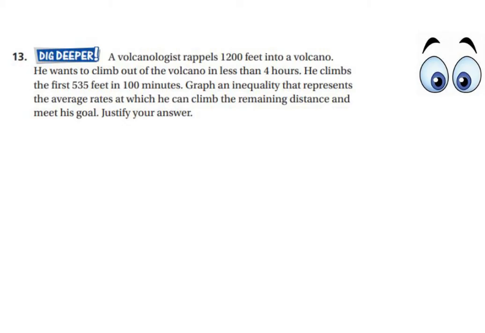So now when we get started with this one, buckle up. This one's tough. That's why I'm not doing it as a give it a try. Okay, so here's what we know. Graph an inequality that represents average rates. Our rate is going to be feet per minute.